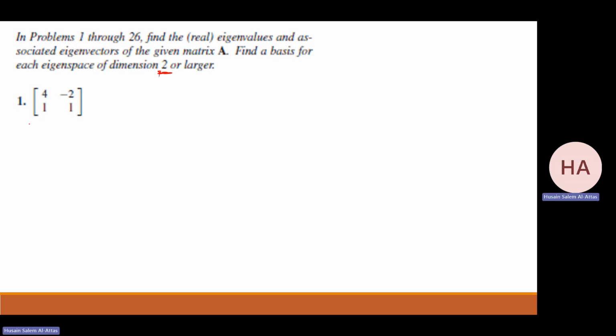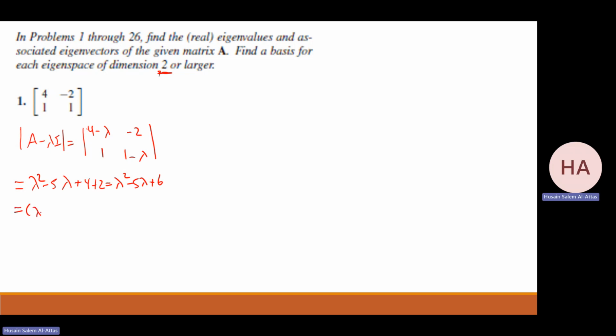This is my A. So I'll do A minus lambda I. That will be 4 minus lambda, minus 2, 1, 1 minus lambda. That gives me lambda square minus 5 lambda plus 6.